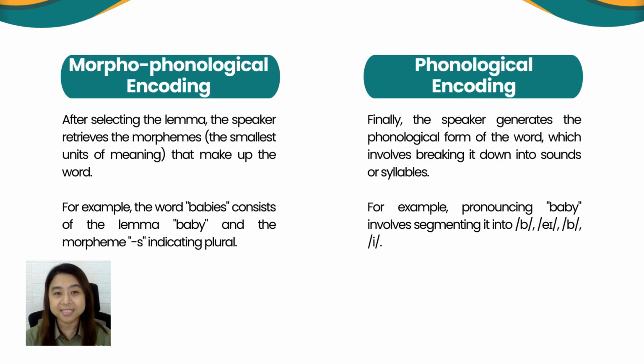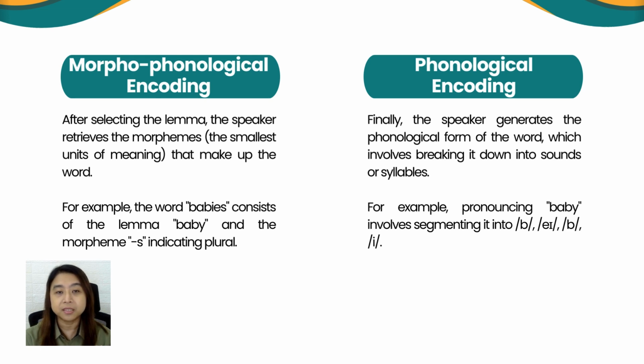Following lemma selection is morphophonological encoding, where the speaker retrieves the morphemes, the small units of meaning that make up the word. For example, the word babies consists of the lemma baby and the morpheme s indicating plural.